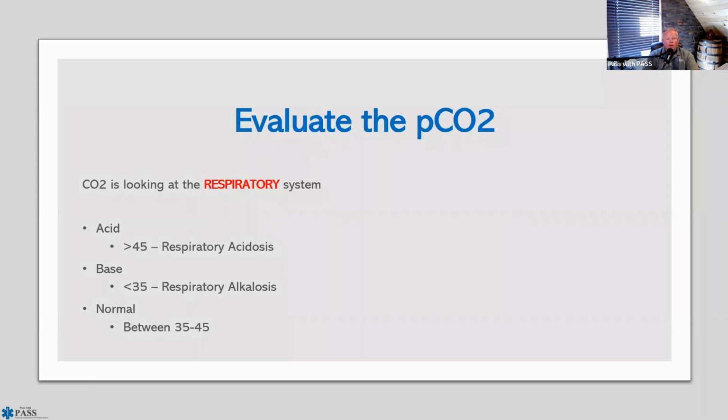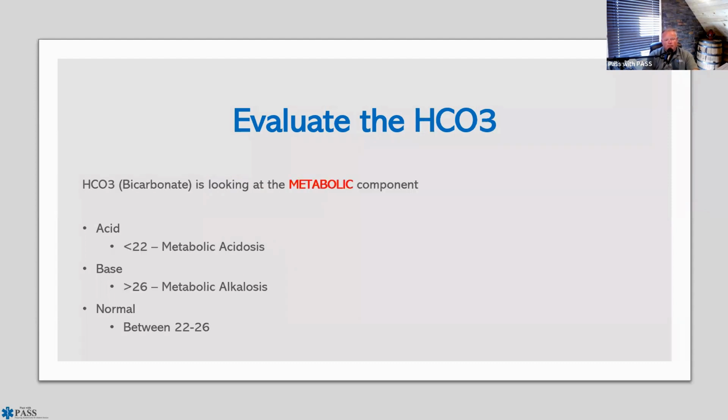We know that it is a respiratory acidosis if our pH is low and our CO2 is high, greater than 45. We know that it is a respiratory alkalosis if our pH is high and our CO2 is low, because remember, respiratory is always going to be opposite of whatever your pH is. And remember that your CO2 should be between 35 and 45.